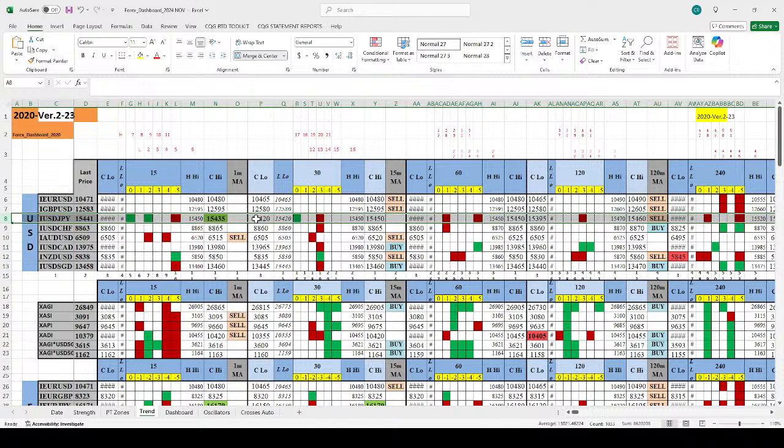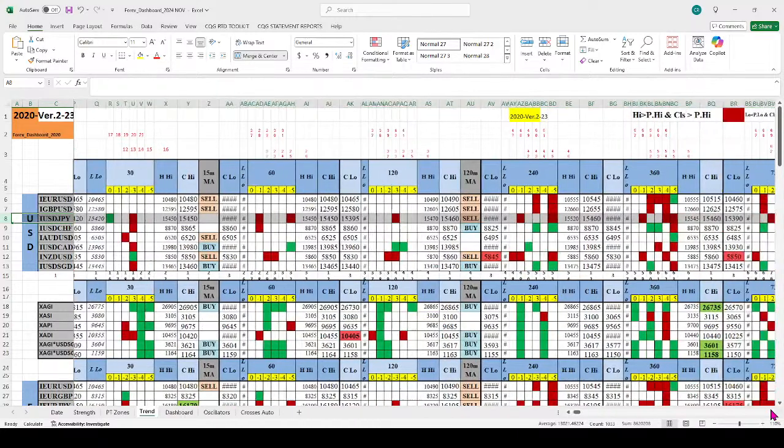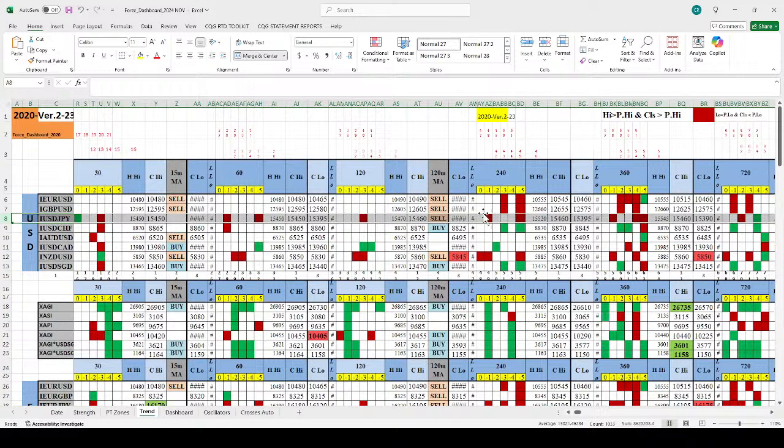If the market is not breaking 15420, then this is going to be back into the range. Then the range would be somewhere between 15460 and 153.95.